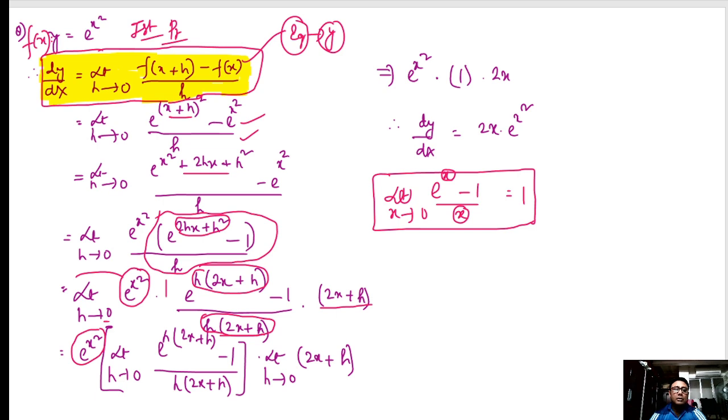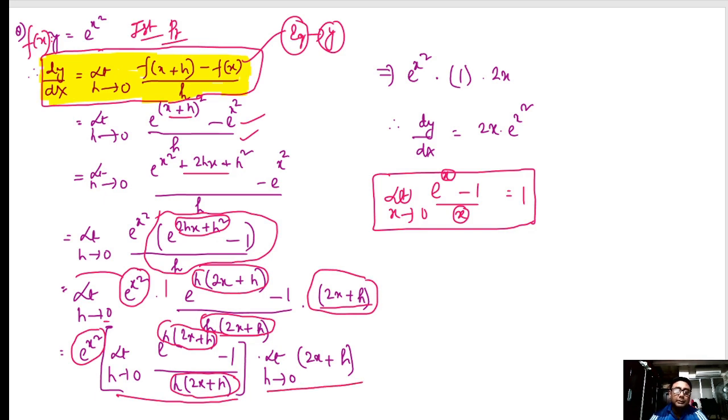Now when we apply the limit to this part, please watch here. It is looking like limit h tends to 0, e to the power x minus 1 by x. Isn't it? So its whole value will become 1. And for the adjustment, I have to apply the limit here also, because it contains h.